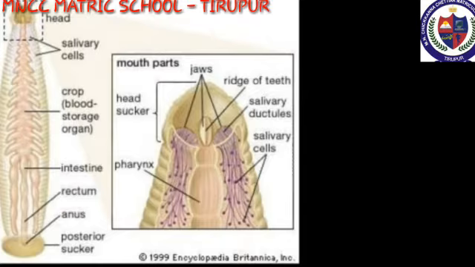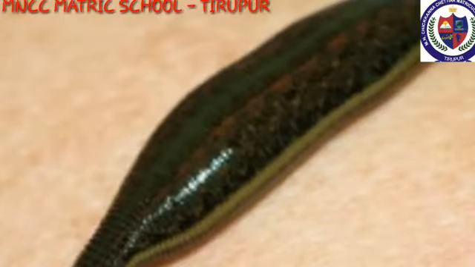Blood is stored in the crop. It gives nourishment to the leech for several months. Due to this reason, there is no elaborate secretion of the digestive juices and enzymes. Leeches can suck blood 5 times more than their body weight.